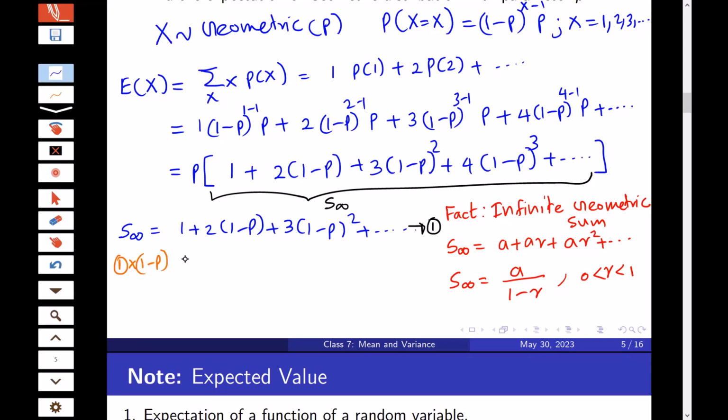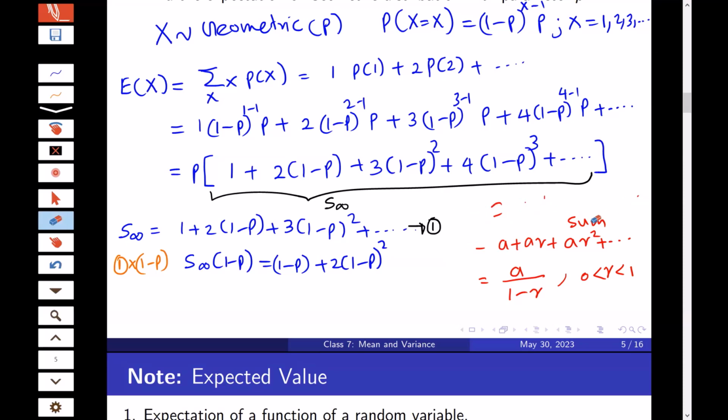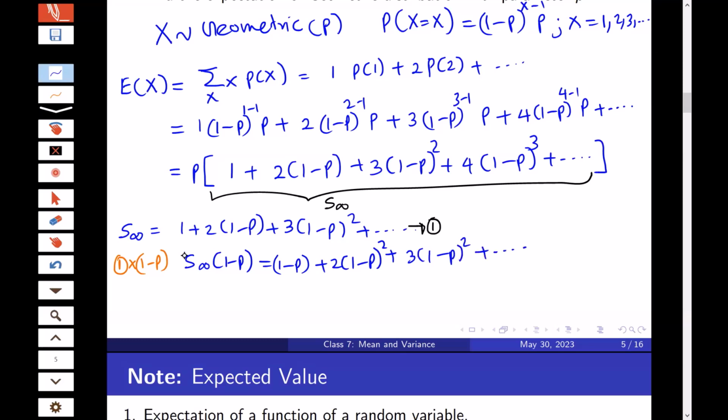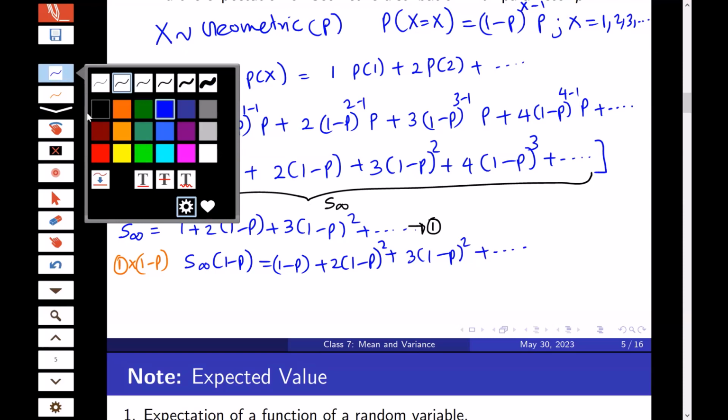Then on the left-hand side I get S infinity times (1 minus p), which equals 1 minus p for the first term, then 2 times (1 minus p) squared, plus 3 times (1 minus p) squared, all the way to infinity. I'm going to denote this as my second equation.